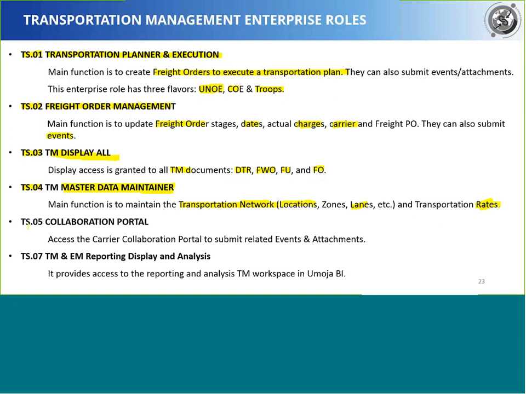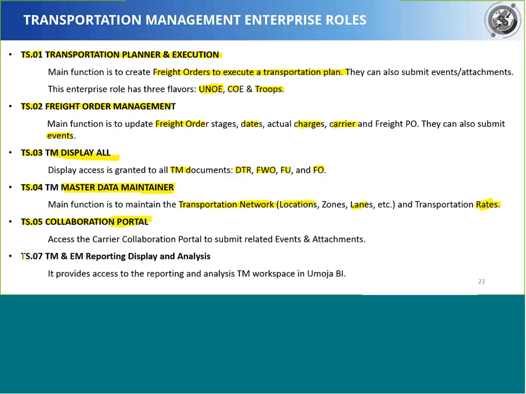And lastly, we have 2 different roles. One is the TS05 for CCP. That will be the role provided for external partners to have access to CCP, the Carrier Collaboration Portal.